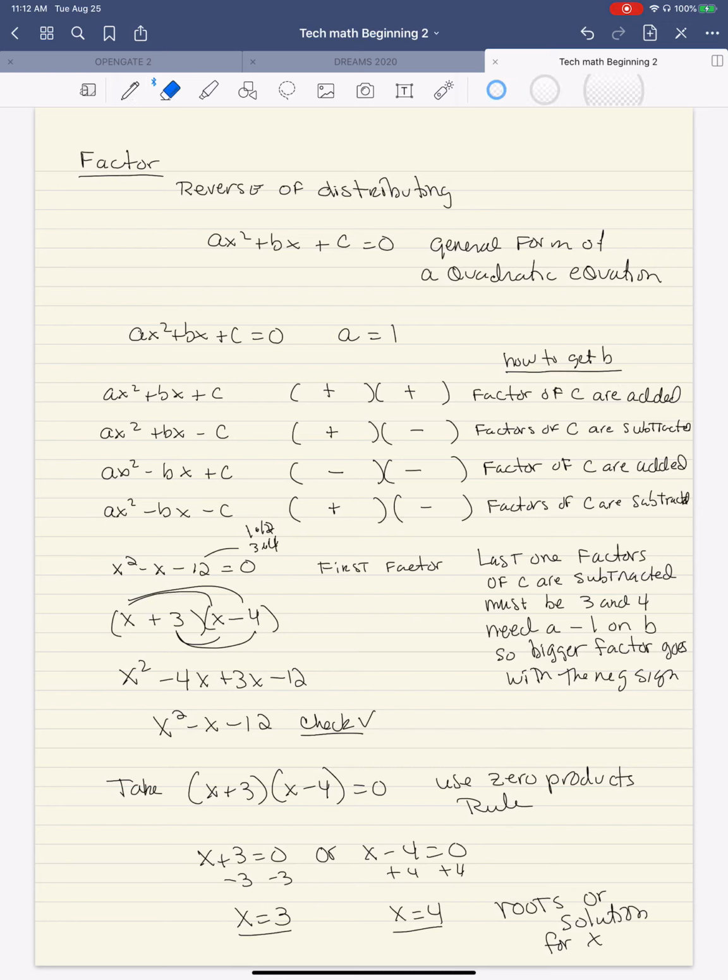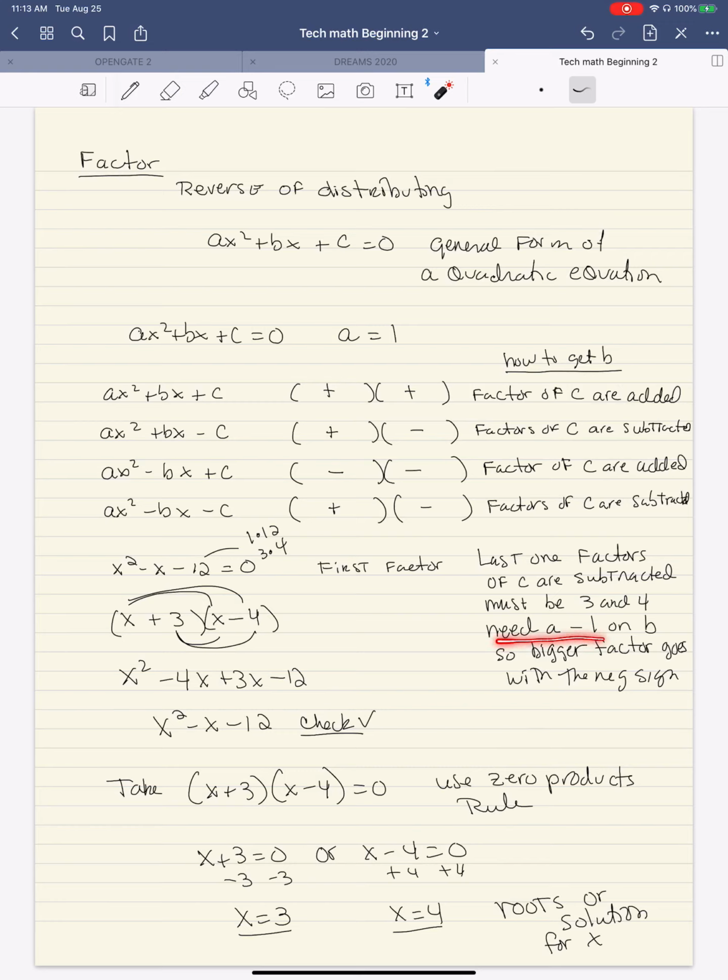But what I need to know for sure is when I'm making b, am I adding the factors or am I subtracting the factors? If I look at the signs, minus minus, it's plus minus in here, so the factors of c are subtracted. So if I subtract 12 and 1, I get an 11. If I subtract 4 and 3, I get a 1. So b is a negative 1. That's what I need.